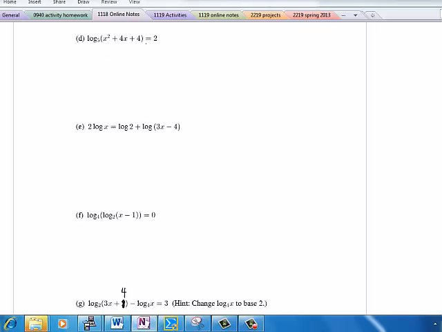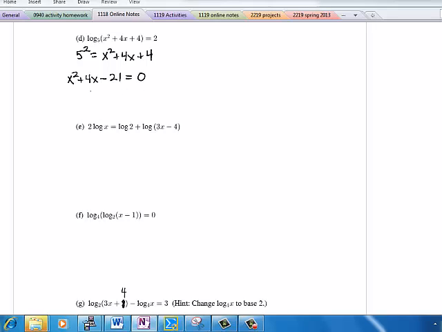Here we've got the logarithmic expression isolated again right away, so we'll switch to exponential form. Base 5 exponent 2 would give me x squared plus 4x plus 4. That's quadratic, so we'll subtract 25 to get a 0. 4 minus 25, that's negative 21.